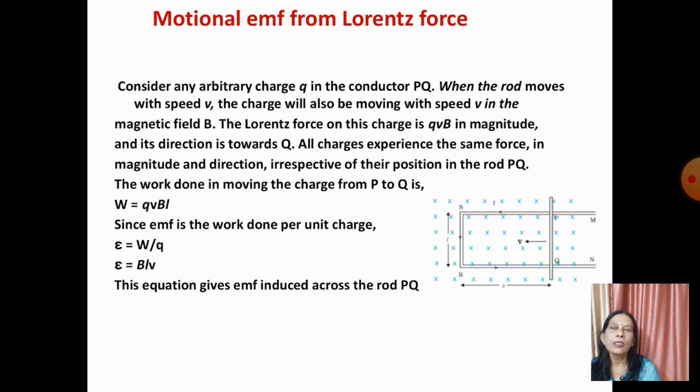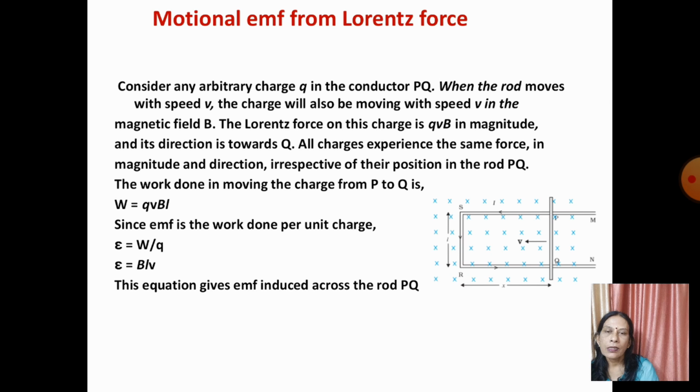Now, this motional EMF can also be expressed in terms of Lorentz force. Do you remember Lorentz force? A moving charged particle in a magnetic field experiences a force. So where is the moving charge?